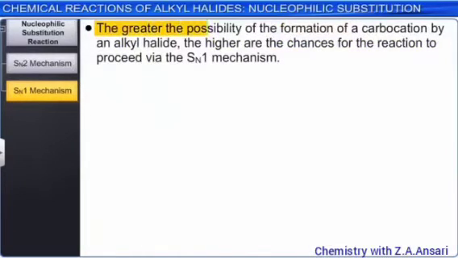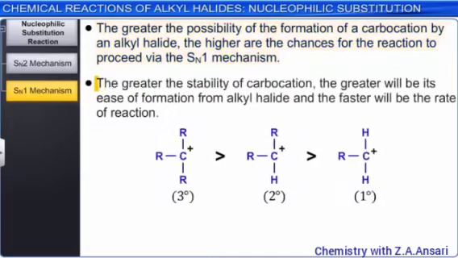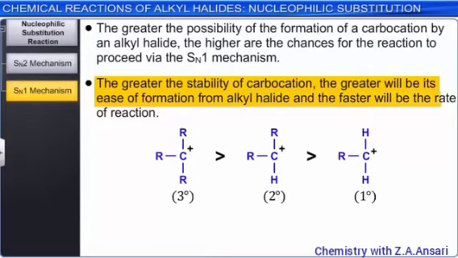The greater the possibility of the formation of a carbocation by an alkyl halide, the higher are the chances for the reaction to proceed via the SN1 mechanism. Further, the greater the stability of carbocation, the greater will be its ease of formation from alkyl halide and the faster will be the rate of reaction.